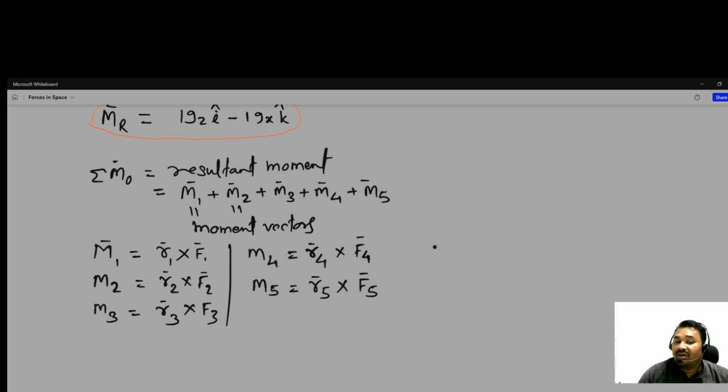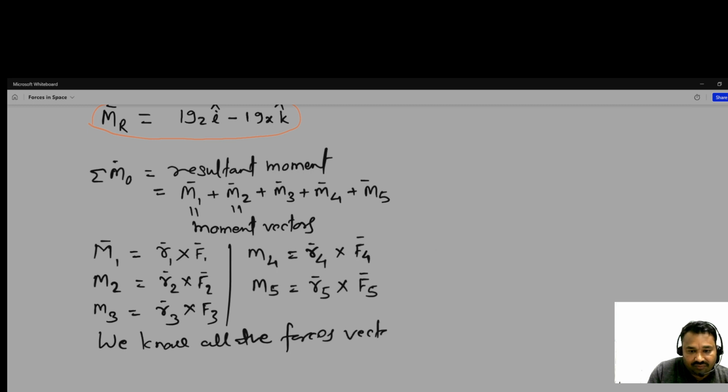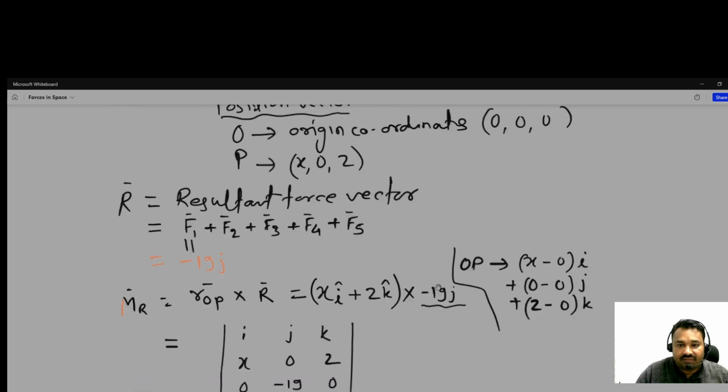So we know about the forces, force vectors. We know all the force vectors. Okay, this already we have found out.